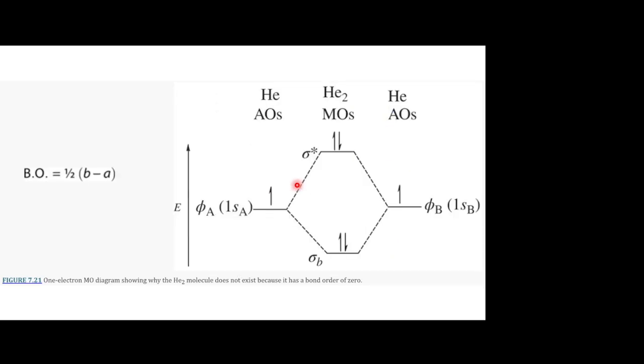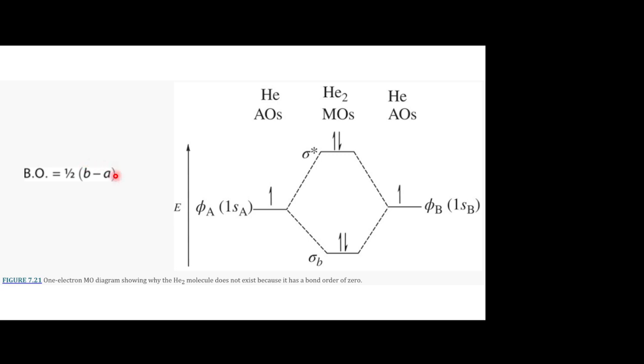All right, so this is actually how you figure out bond order. So in this case, what you're seeing here is our bonding and anti-bonding orbitals, right? And so what you always do is you take 1/2 of your bonding minus your anti-bonding orbitals.